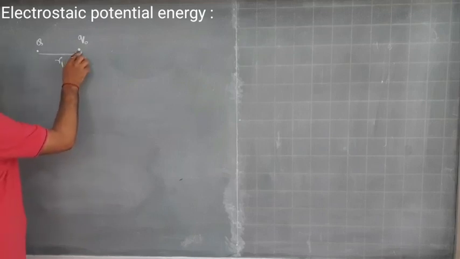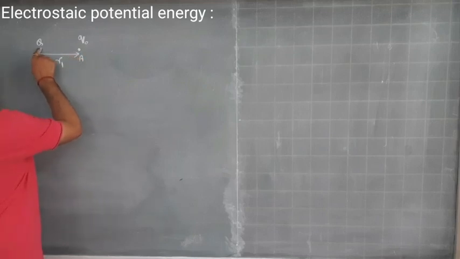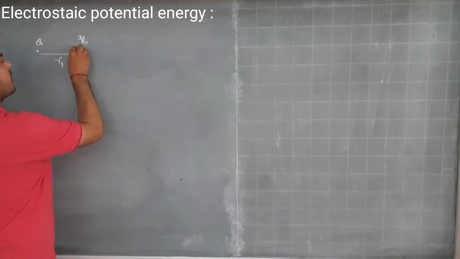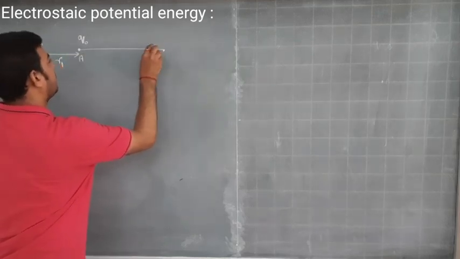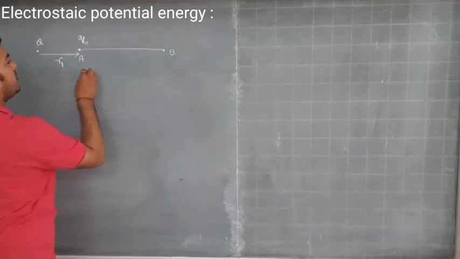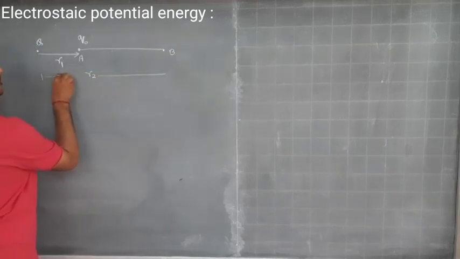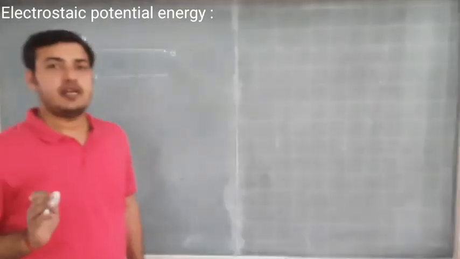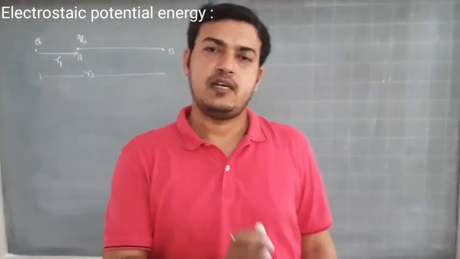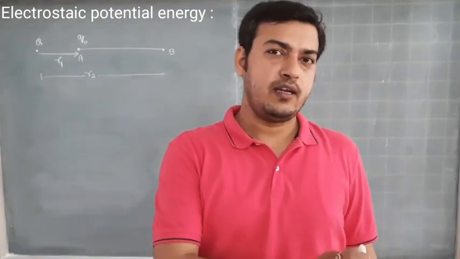Initially my test charge was at a distance of R1 from this charge Q, and I need to move it from point A to point B, at a distance of R2 from this charge. As we know, if we move away from the charge, the electric field goes on decreasing.